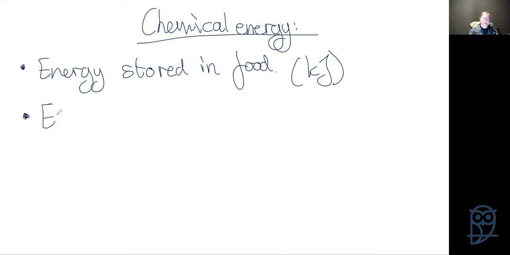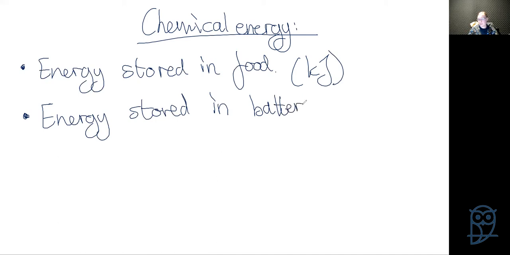Another chemical energy is the energy stored in batteries. I believe your book in some way puts this under the electrical category. It's not. The energy inside of a battery is literally due to the fact that you have 2 different substances stored inside the battery.